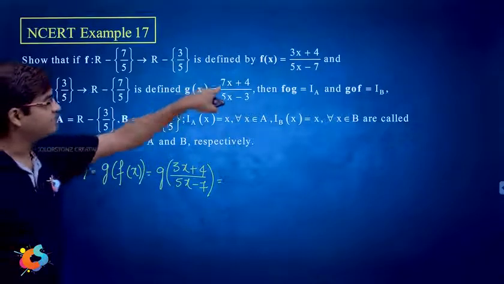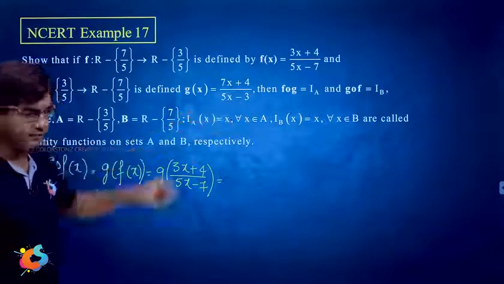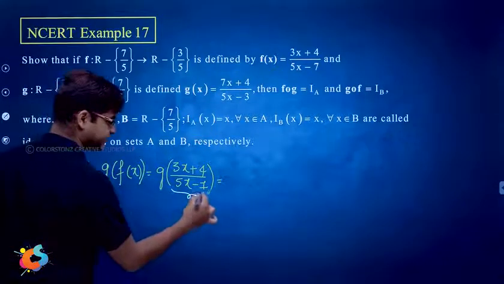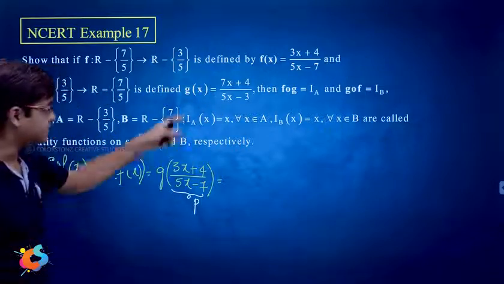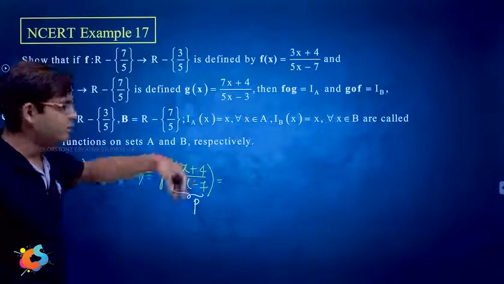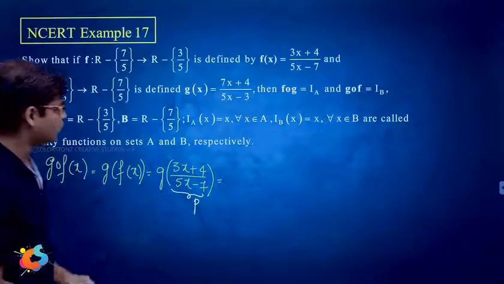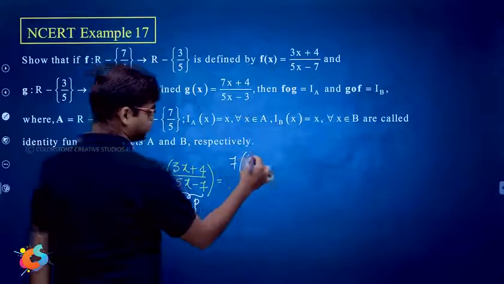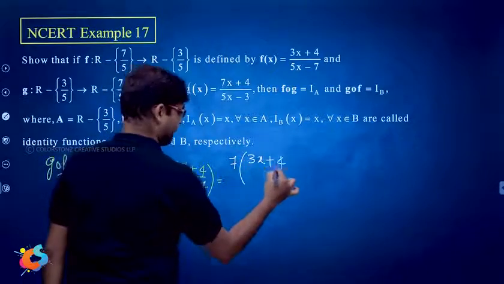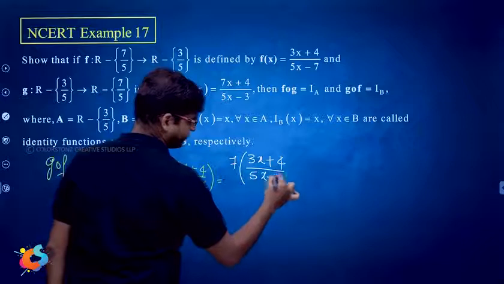g of p is 7p plus 4 by 5p minus 3. For a moment, consider this as if this is p. So therefore, 7p plus 4 by 5p minus 3. Whatever is p, you replace it. So in place of x, we put 3x plus 4 by 5x minus 7.